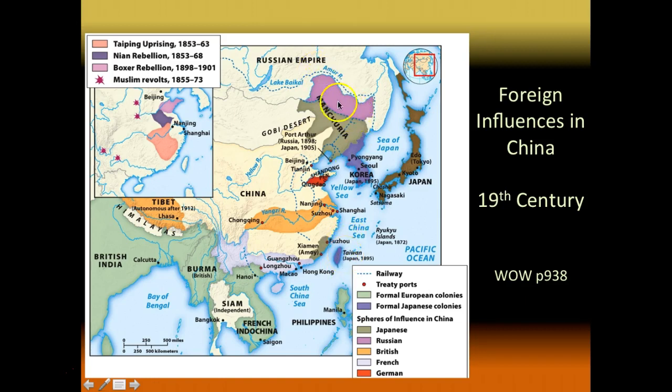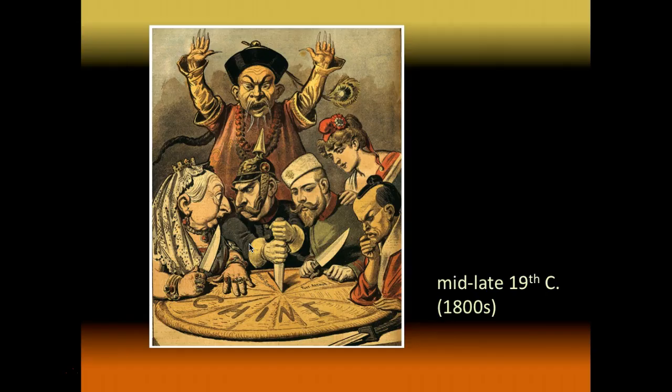Russian, and more Japanese here. British, Tibet, and this whole area right down here, and then French. So there are a lot of different colors here that show Europeans mainly jumping in to take over territory, plus Japan.